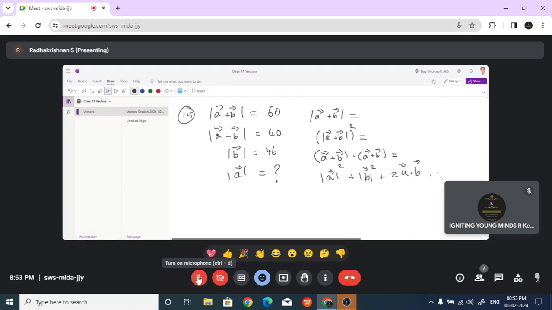Okay. So this is your a plus b whole square, which is 60 square, 3600.